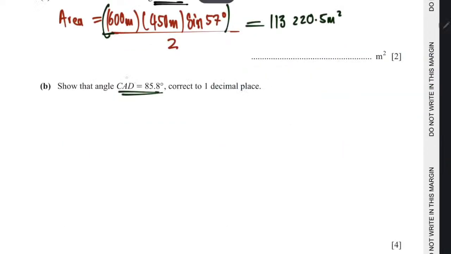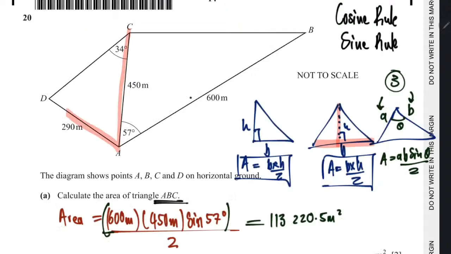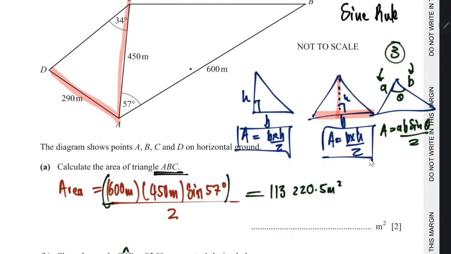So this angle here, even if I call it theta, is the angle they want. We want the angle CAD, the angle at A.